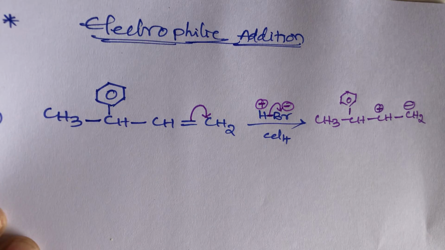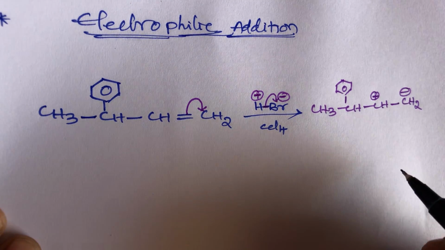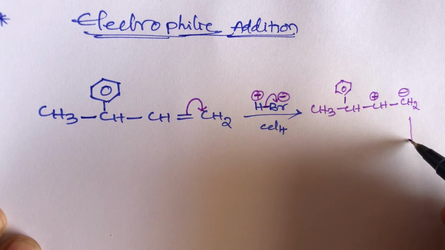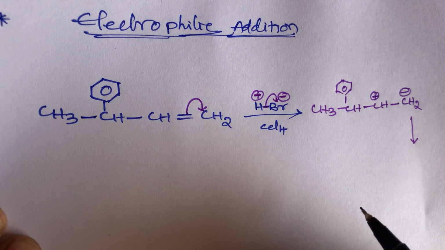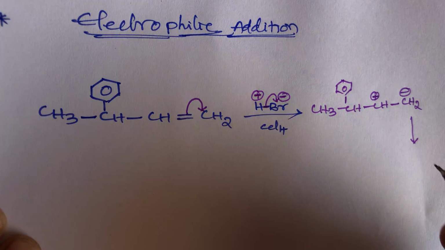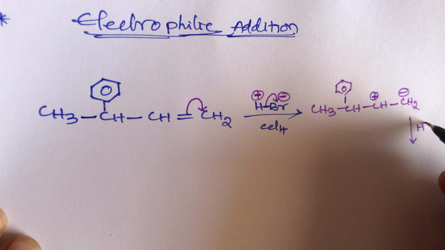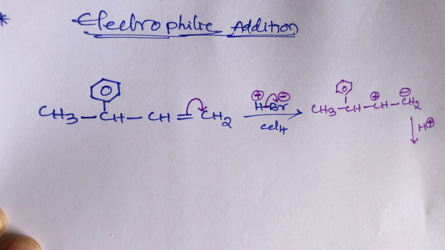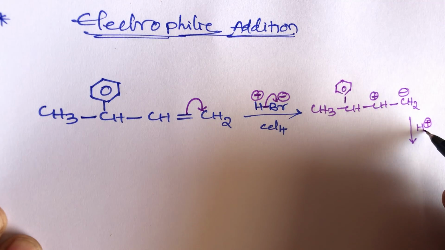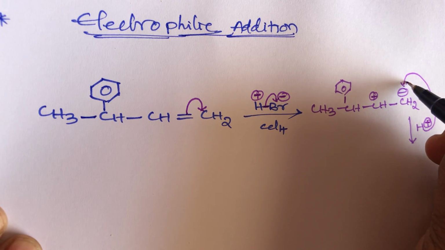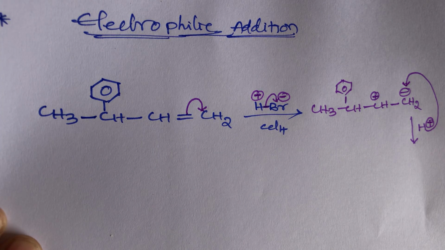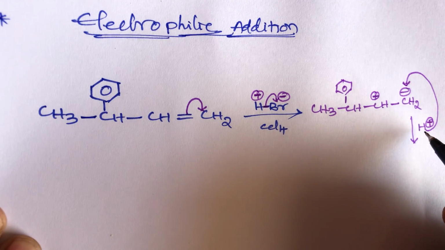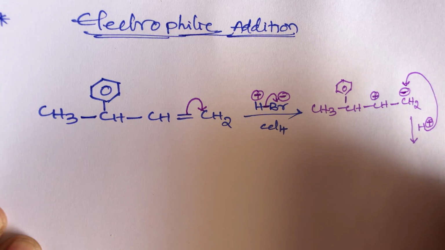So here in this compound, this H plus is called the electrophile. In an electrophilic addition reaction, the first attacker is the electrophile, that is H plus. You remember students, this H plus will always attack the negative charge species side.